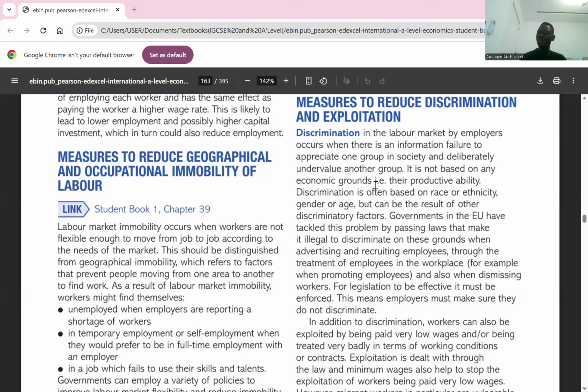Government should oversee and regulate recruitment agencies and labor intermediaries to prevent exploitative practices. So government should also monitor how recruitment agencies deal with their workers or their potential employees, to ensure that they are not being exploited. Do you get the second point there?